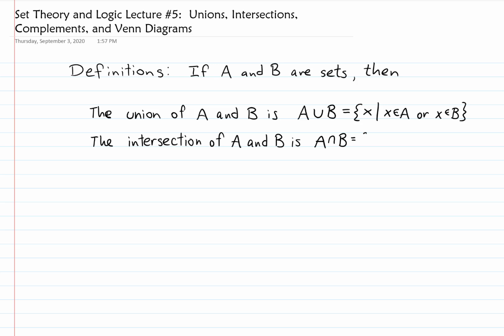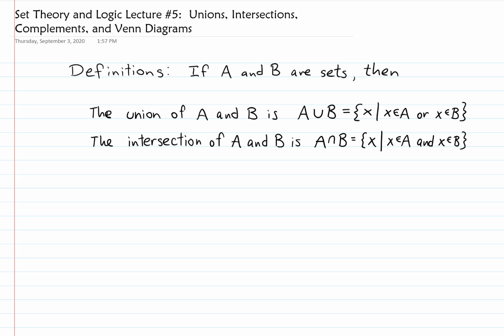Okay, and it is the set of all x such that x is in A and x is in B. You see, the word or goes with union and the word and goes with intersection.